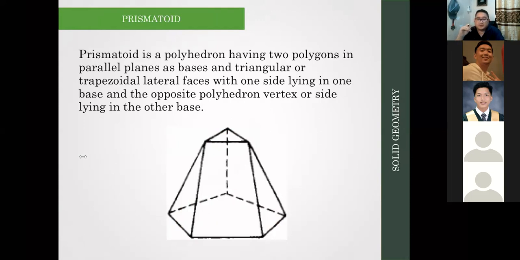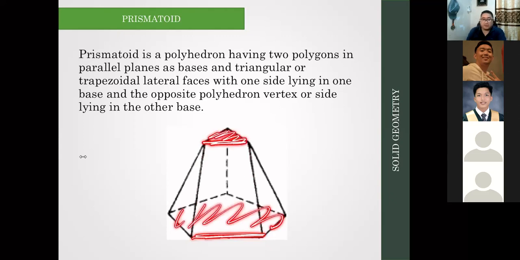And one side of that lateral surface, for example this surface, is connected to one base and the other side is connected to the other base. So that is the meaning of the definition of a prismatoid, no? So the cylinder, pyramid, and cone are all underlying cases of the prismatoid, no?